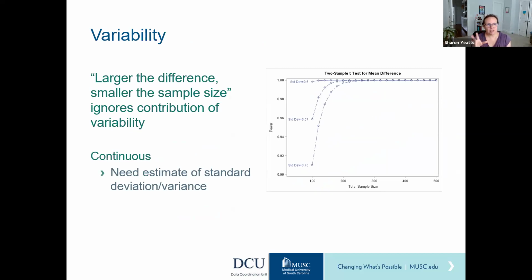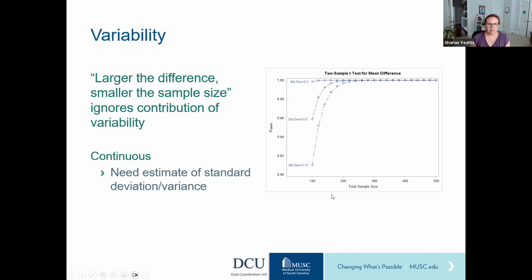I mentioned earlier that statement, the larger the difference, the smaller the sample size, is a little bit simplistic, and that's because it ignores the contribution of variability to this understanding. So if your outcome is continuous, say it's a lab value that you're looking to influence, then we need to know or have some estimate of the variance associated with that measurement in the population of interest.